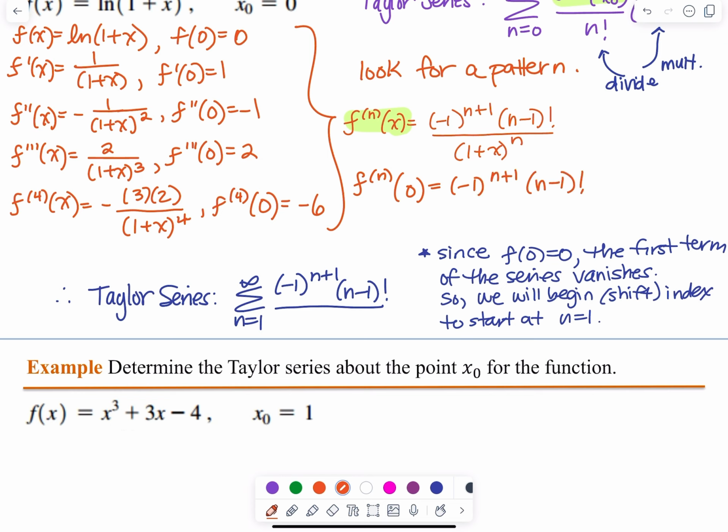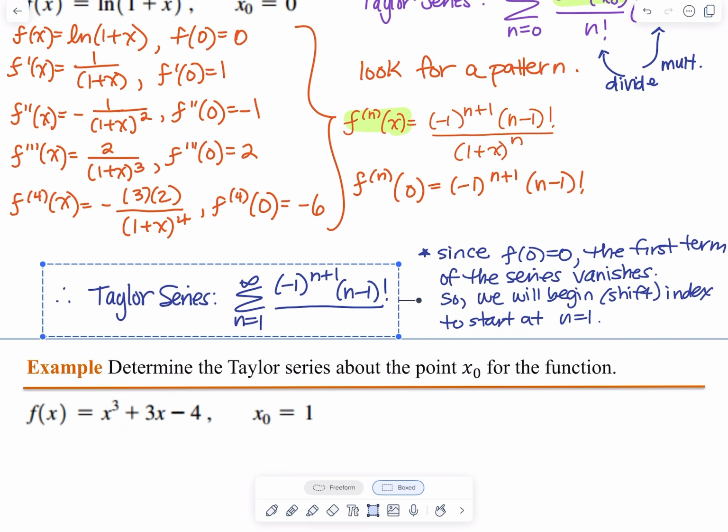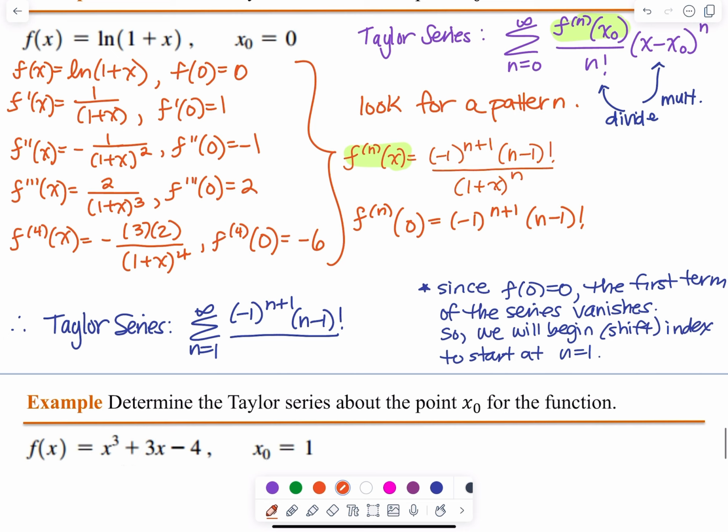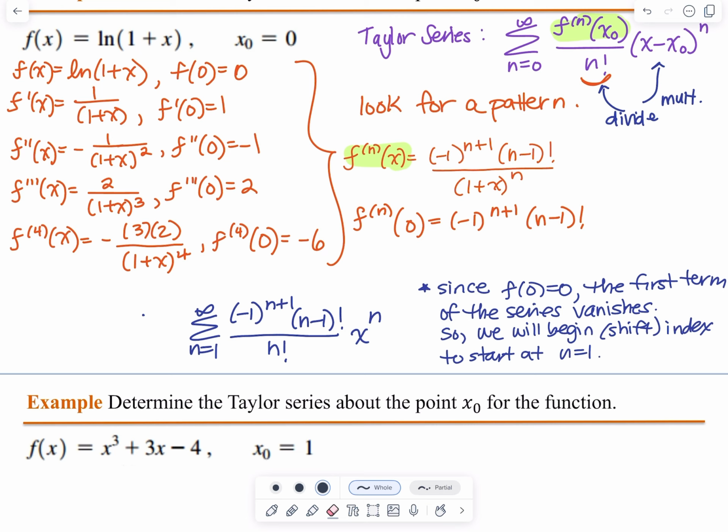Okay, and so that's where we come up with our Taylor series, and now we have our n factorial in the denominator, and then we have x minus 0 to the n power, so that's just going to be x to the n. Now we can simplify that.